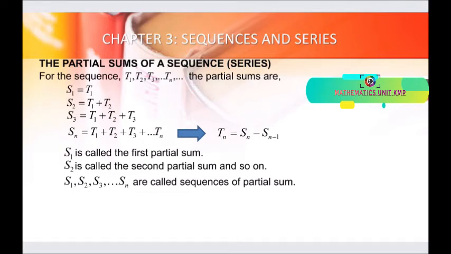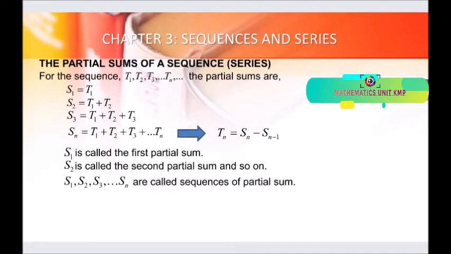For the sequence T1, T2, T3 until Tn, the partial sums are S1 equal to T1, S2 equal to T1, the first term, plus the second term, S3, first term plus second term plus third term, and Sn is the sum from T1 until Tn.